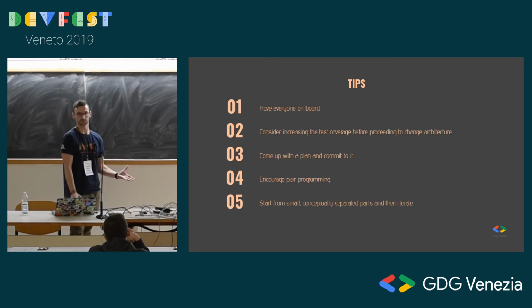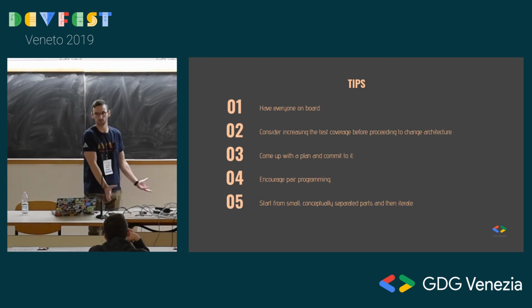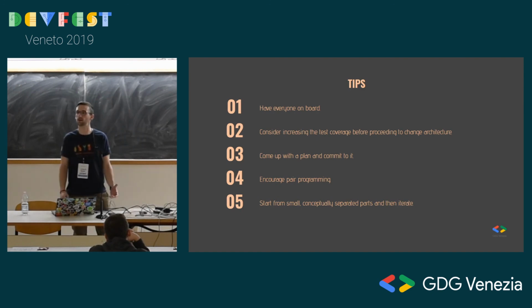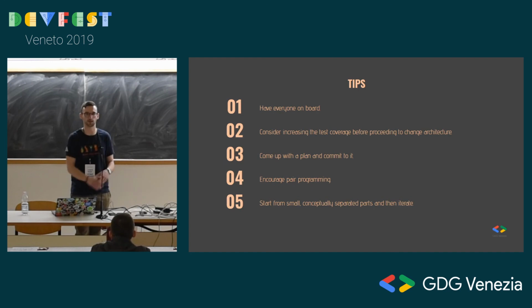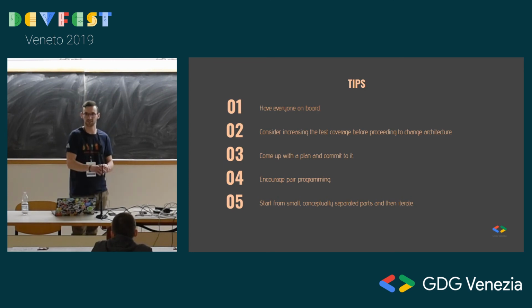And so if you start from small, conceptually separated parts and then iterate, which is of course, as you think about it, a wise choice to do. If you think about having an analytics concrete implementation that you can put behind an interface and maybe stick out to a separate module, you're not going to be compiling it every time that you run again the code.